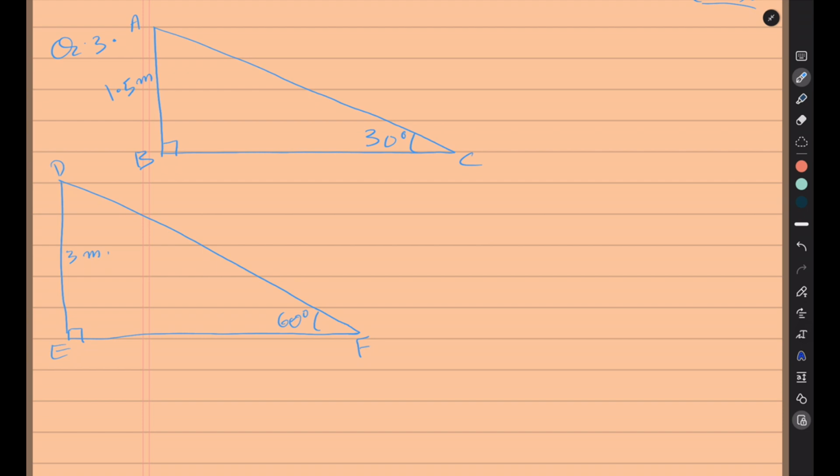What should be the length of the slide in each case? Okay, so what we are required to find in the smaller slide, the length of the slide will be AC. So AC is what is required to be found out, and here the length of the slide will be DF. DF is to be found out. Okay, and so here we can apply P by H, perpendicular by hypotenuse, which is equal to sine 30 degree.